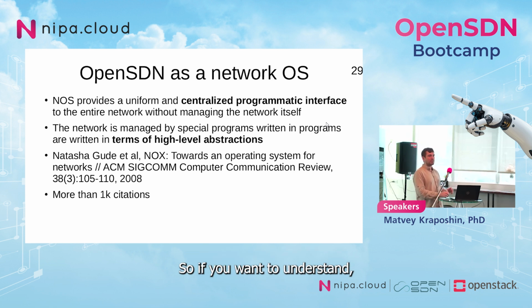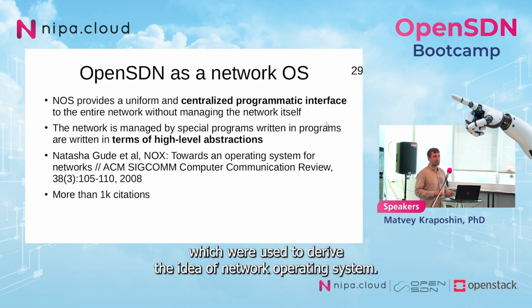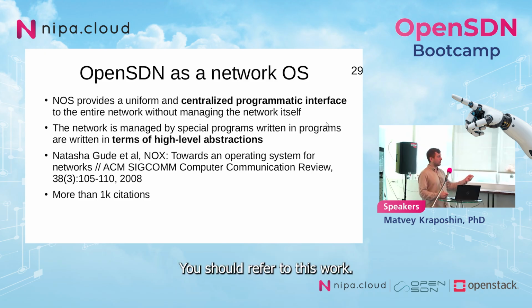So if you want to understand the very first principles which were used to derive the idea of a network operating system, you should refer to this work. This is a pioneering work.